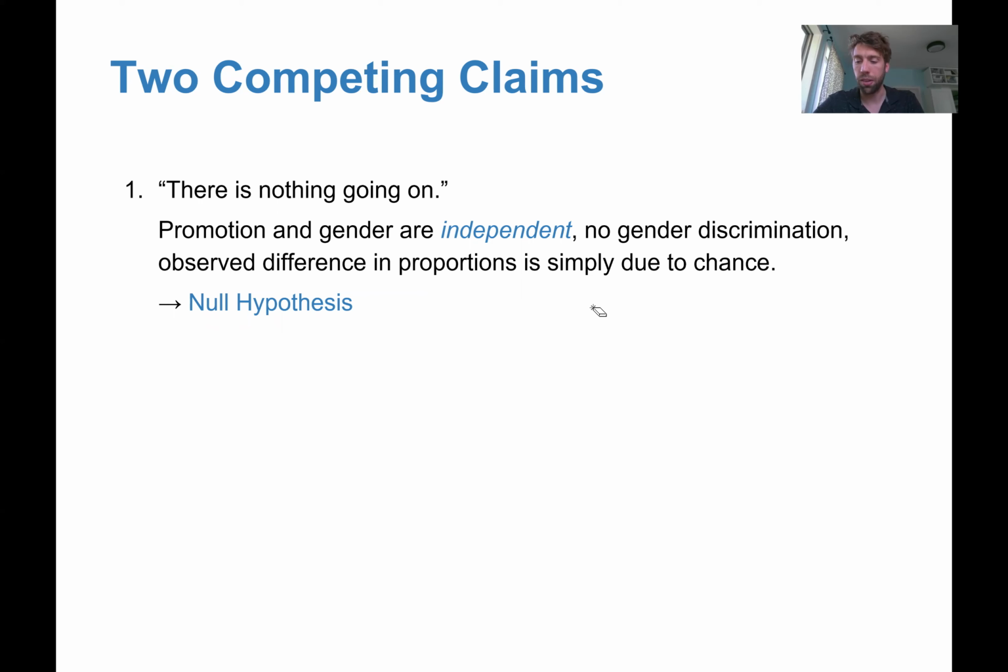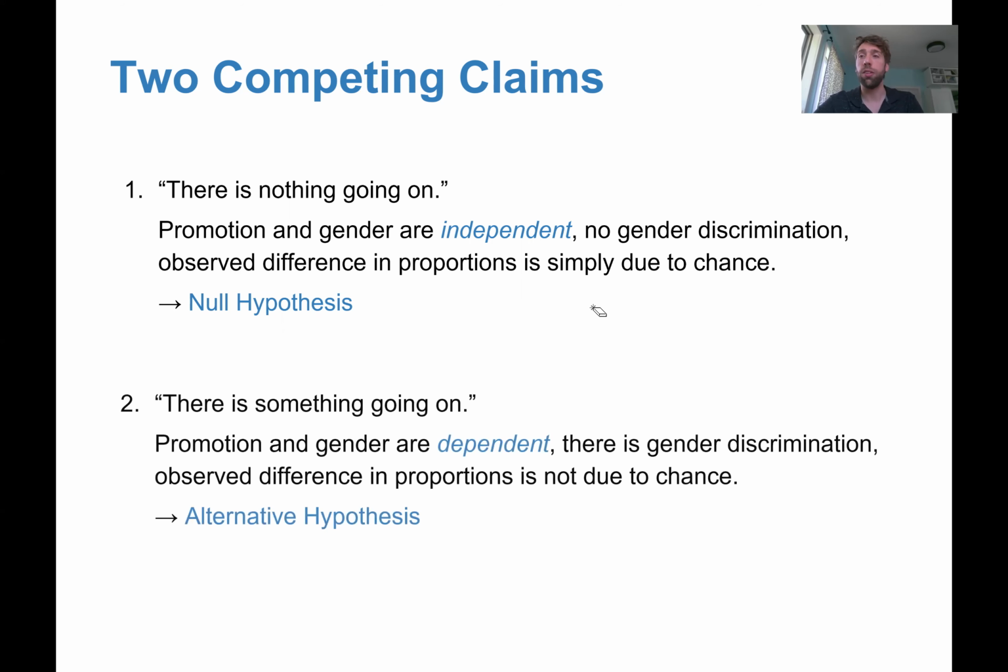Nothing's related. Everything's independent. Then there's the alternative hypothesis. There's something going on. In our particular situation here, it would be promotion and gender are dependent. There is gender discrimination, observed difference in promotions not due to chance. So the null hypothesis is always that nothing's related; the alternative hypothesis is always that something's going on, this is related.